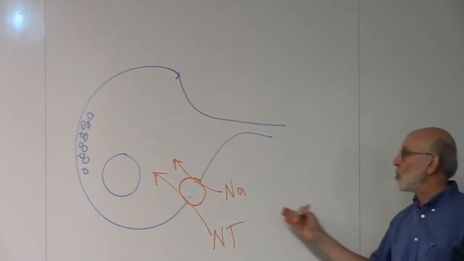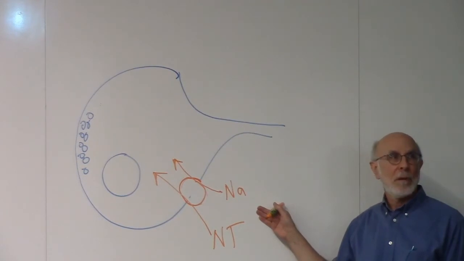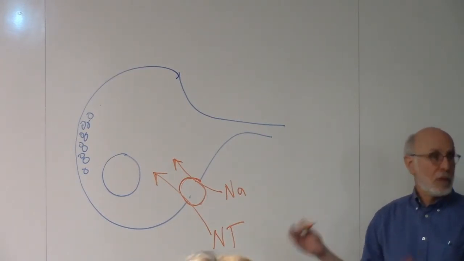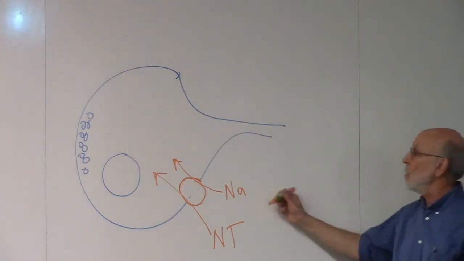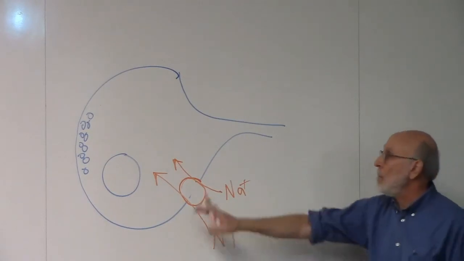What is the source of energy for this co-transporter? The sodium gradient. So what do you know has to be here that I'm just not showing? The sodium potassium ATPase is what built that sodium gradient, and that is being used here to pump neurotransmitter from the synapse into the cytosol of the presynaptic terminal.